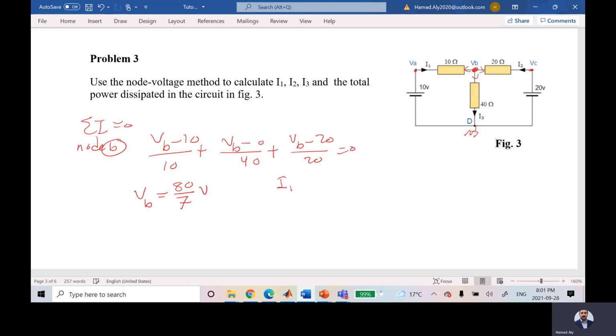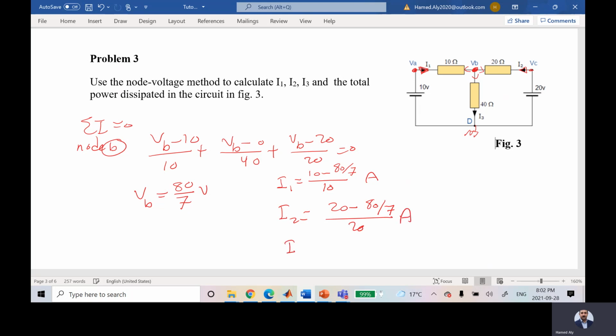Now he is looking for calculating I1. It's straightforward. I1 is this current, which is equal to this voltage minus this voltage over 10. So it is 10 minus VB, which is 80 over 7, divided by 10 amps. And I2, which is this current, is VC, which is 20, minus VB, which is 80 over 7, divided by 20 amps.